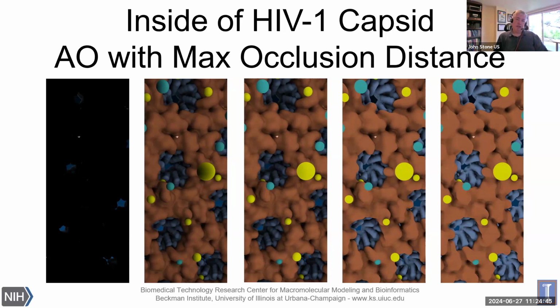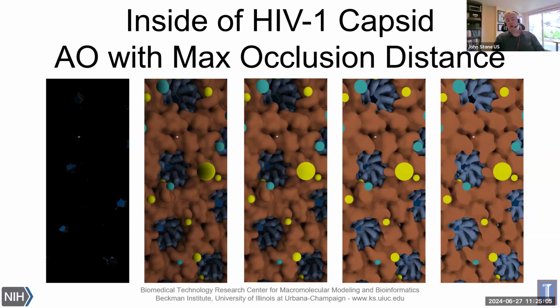One of the features VMD has for dealing with this is a maximum occlusion distance. So you can tell VMD to limit this occlusion distance to a shorter test range. And that way, if there's nothing blocking light within a certain distance, we pretend like there's just nothing blocking the light at all.